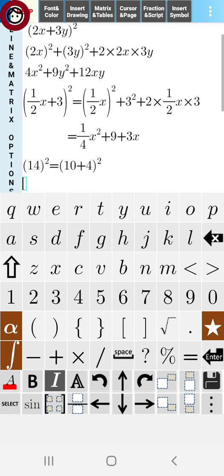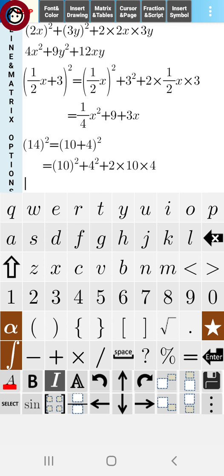Okay, now we will write a² + b² + 2ab. In place of a we have 10, squared, plus 4², since in place of b we have 4, plus 2ab means 2 into 10 into 4.